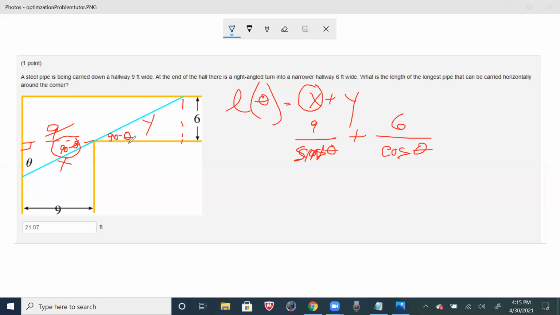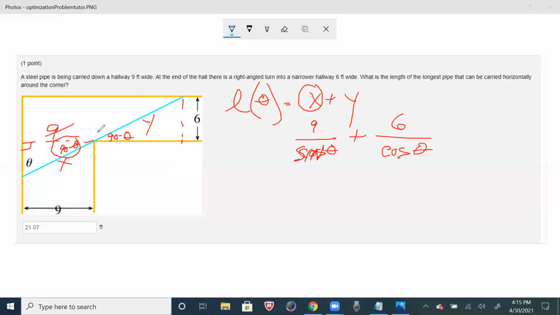And this becomes sine of 90 degrees minus theta, but that's the same as the cosine of theta by the cofunction identity. Okay. In other words, the sine of theta is always equal to the cosine of 90 degrees minus theta. The secant of theta is always equal to the cosecant of 90 degrees minus theta.